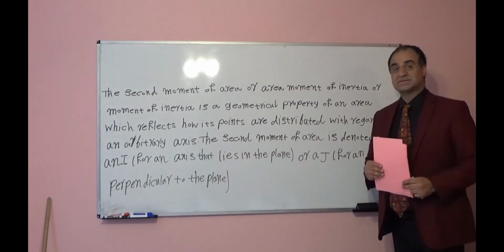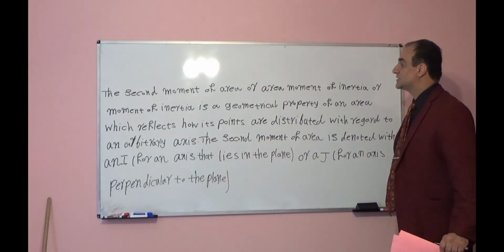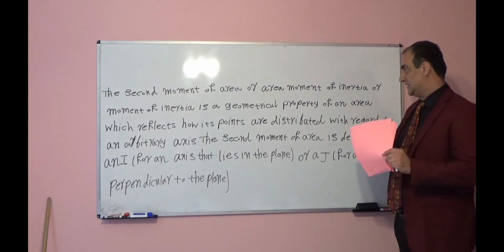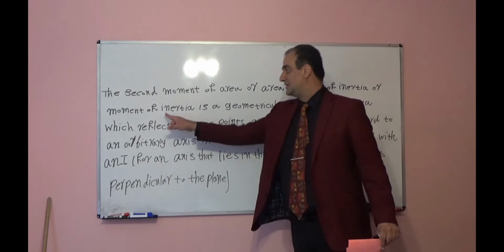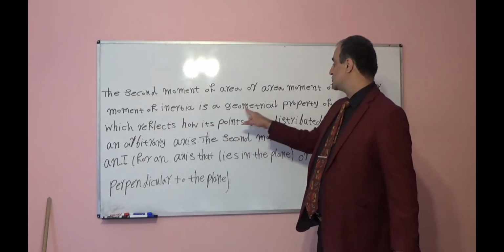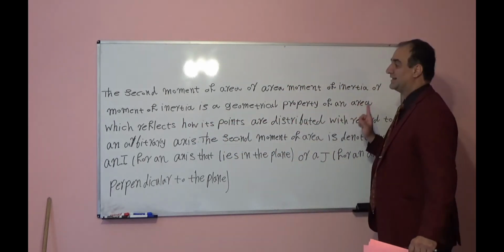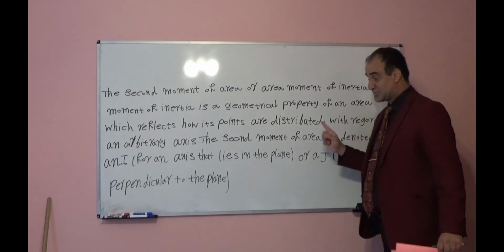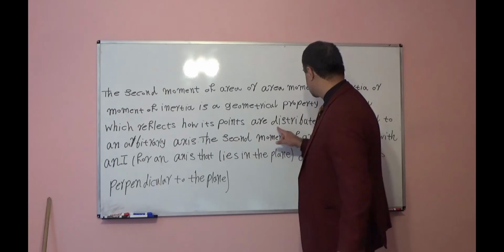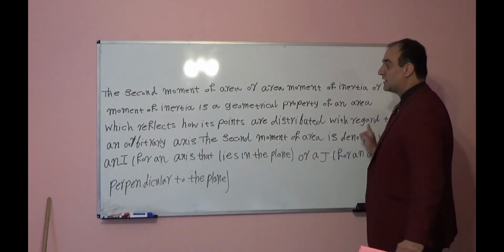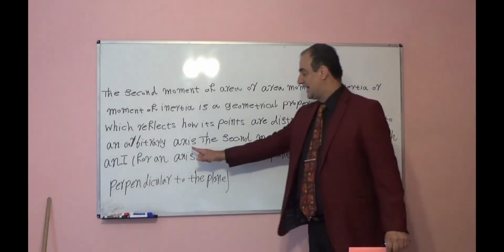So, I will read this definition. The second moment of area or area moment of inertia or moment of inertia is a geometrical property of an area or cross section which reflects how its points are distributed with regard to an arbitrary axis.